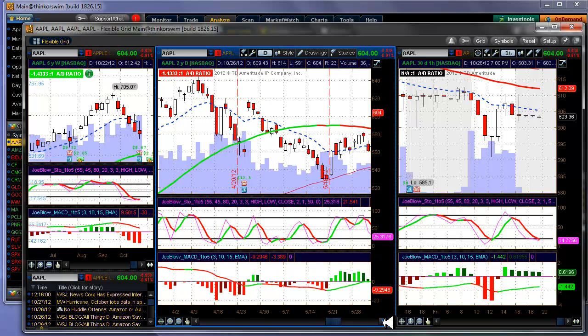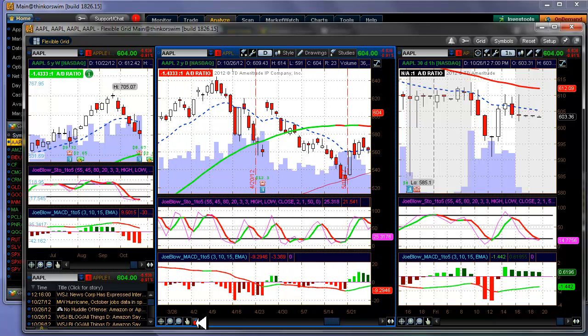Okay, so now we're still in a downtrend. We have bounced up against here. Actually, let's go back here for our bear call. Remember, we would be considering a bear call here because it turned down.